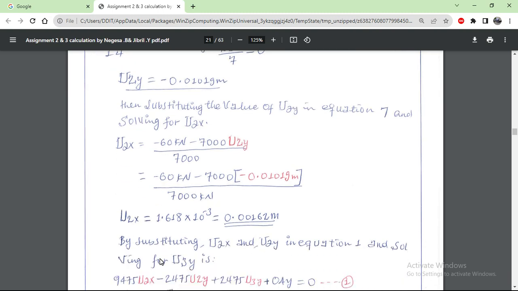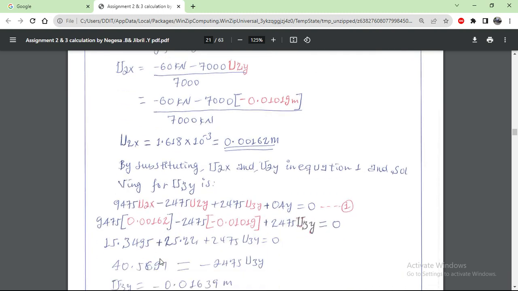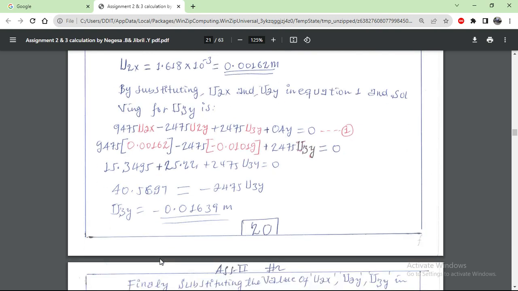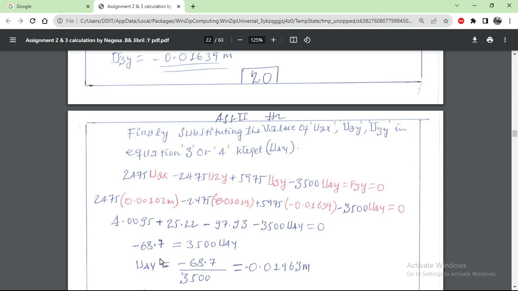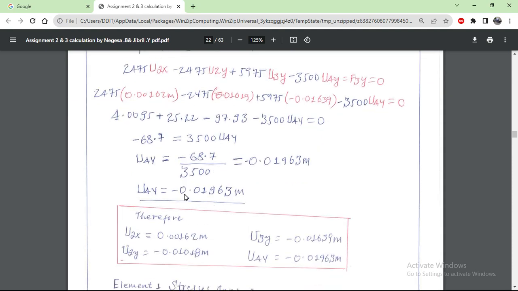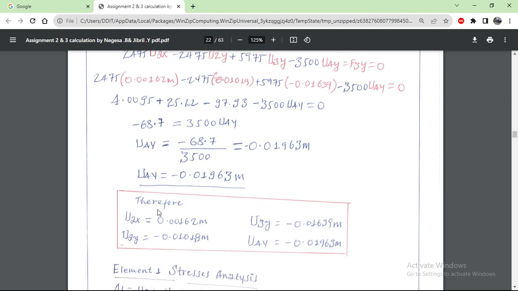By substituting all those displacements, we get all displacements. These equations are used for calculating the movement of the object. Therefore we have 4 displacements: u2x, u2y, u3y, u4y.